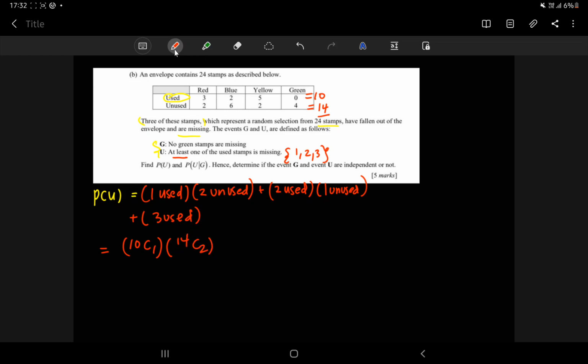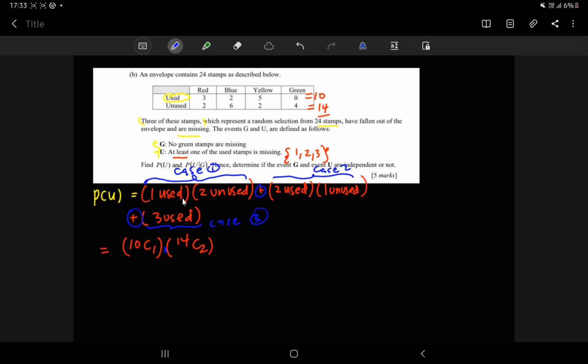So why do we need to multiply? If you realize, over here we multiply this, and then over here we plus. In probability, this one is considered as case 1, this is case 2, and this one is case 3.